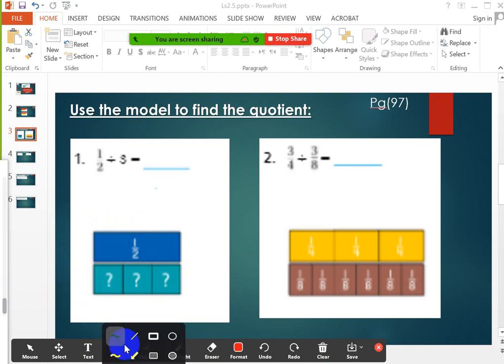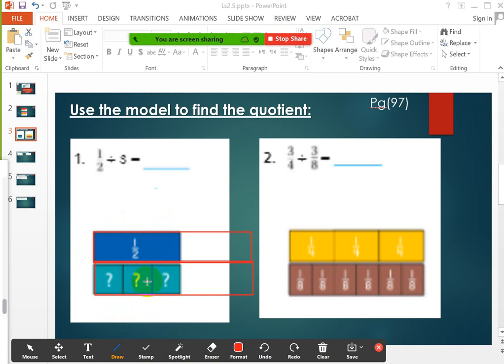You know, girls, that the whole consists of 2 parts of 1 over 2. If I want to divide each one, excellent, Arwa, you gave me the right answer.